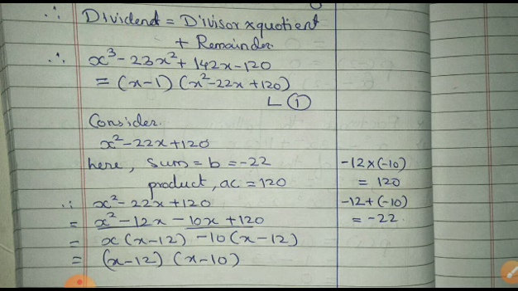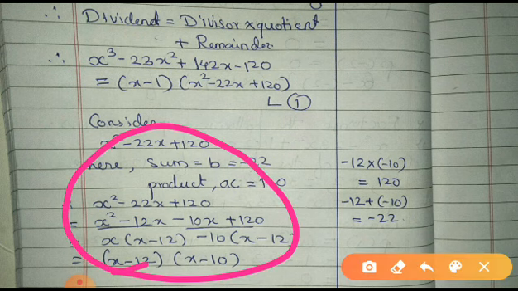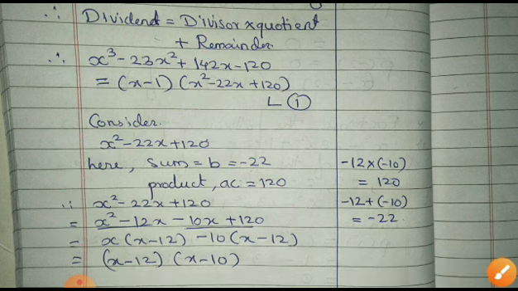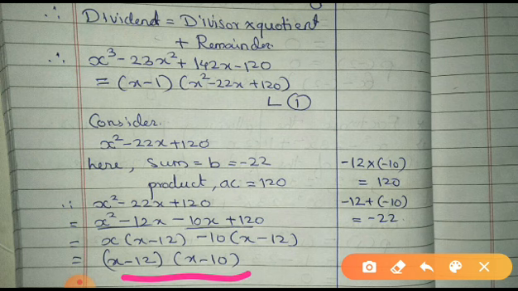Okay, no need to do this method and all. But if the coefficient of x square is other than 1, then it's compulsory to factorize it separately. Okay, so after simplifying, will I get it as x minus 12 into x minus 10.